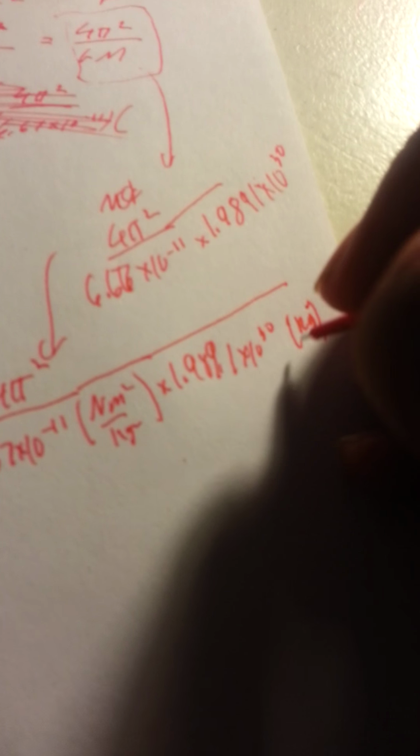So 6.67 times 10 to the power of negative 11 times Newton meter squared over kg squared, that's the units of the gravitational constant, times 1.9891 times 10 to the power of 30 kg. Now the kg and kg squared get cancelled out.